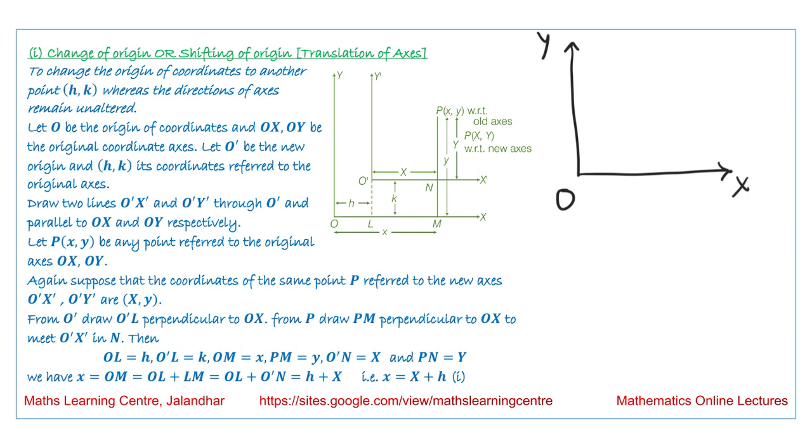The new axes are parallel to the original axes: the new x axis is parallel to the x axis, and the new y axis is parallel to the y axis. The only thing we have done is shift the origin from 0, 0 to the point h, k.